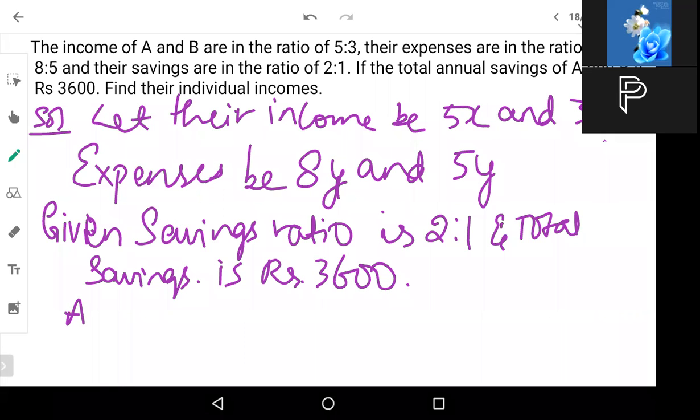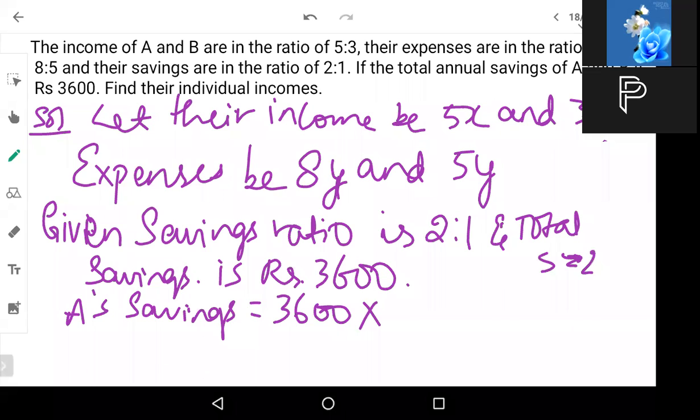So A's savings will be 3600 into, what is the sum of ratio? Sum of ratio is 2 plus 1, which is 3. So 2/3.